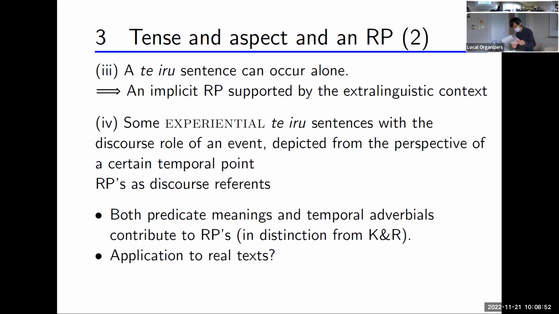Now, these facts motivate us to establish reference points as discourse reference. In doing so, we have to investigate information not only from predicate meanings, as Kamp and Reyle did, but also from those of temporal verbs. Moreover, a task still remains to apply reference points to real texts with complicated structure.